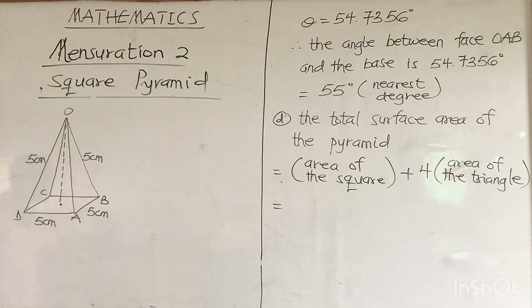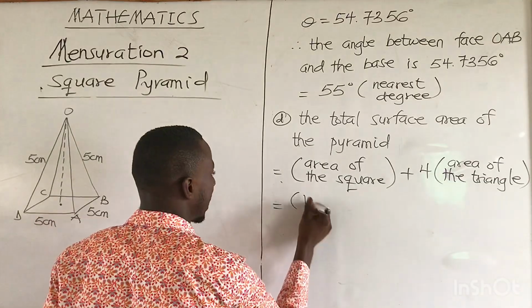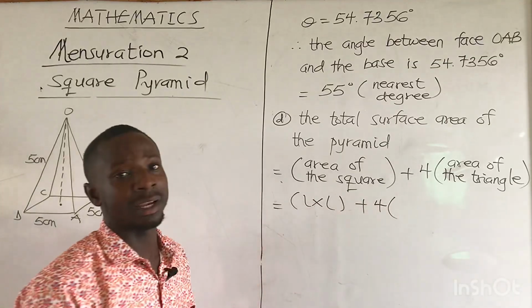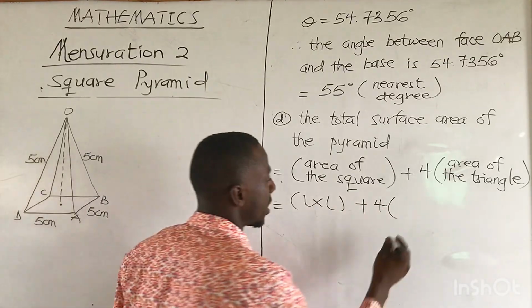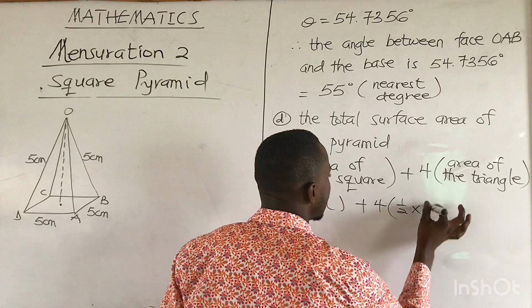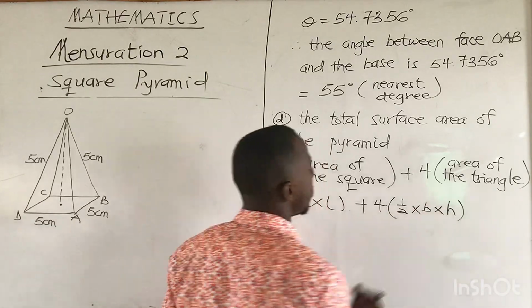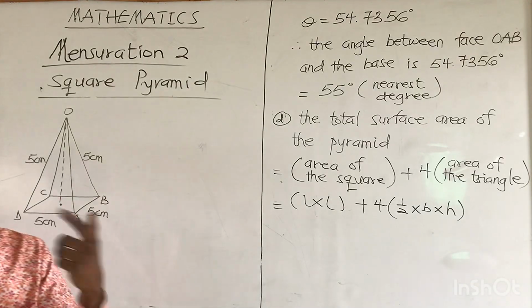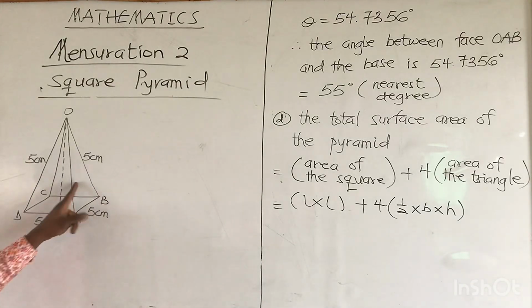So viewers, the base is a square, which is L times L, plus 4 multiplying area of the triangle, which is half times the base of the triangle multiplying the height of the triangle. Now I am going to take one of the triangles. So the triangle here.